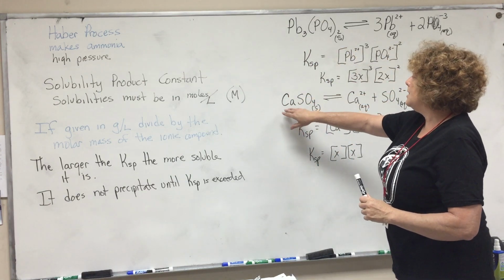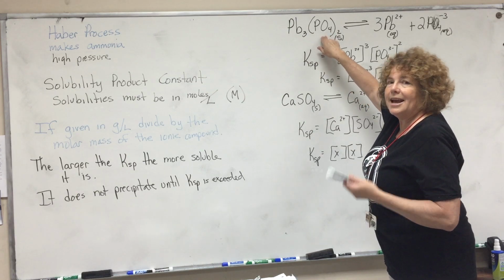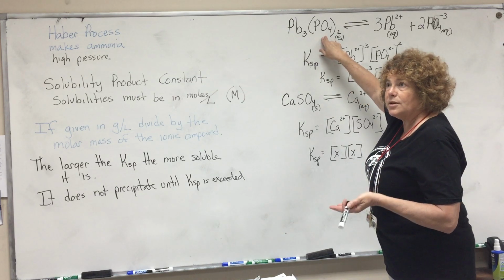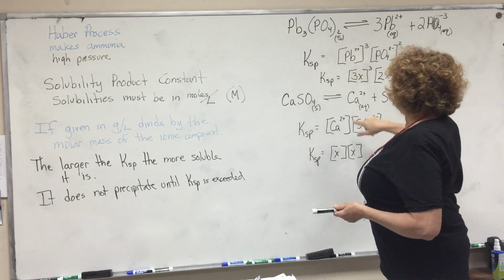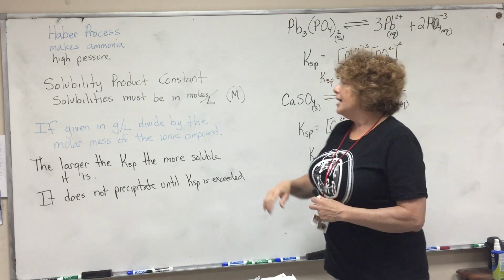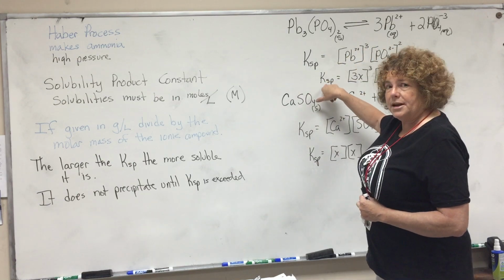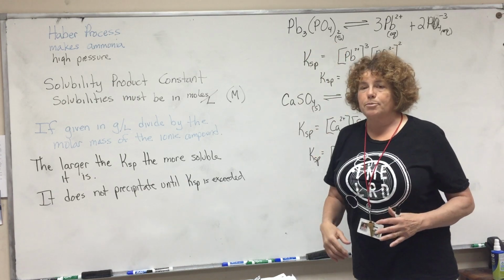I didn't put lead sulfate, but let's say it was lead phosphate, okay? Say I had sodium phosphate instead of sodium sulfate. If I take those two and I figure out what the X's are for each of those and put them together, and this number comes out bigger than the Ksp for lead phosphate, then you definitely will have a precipitate.